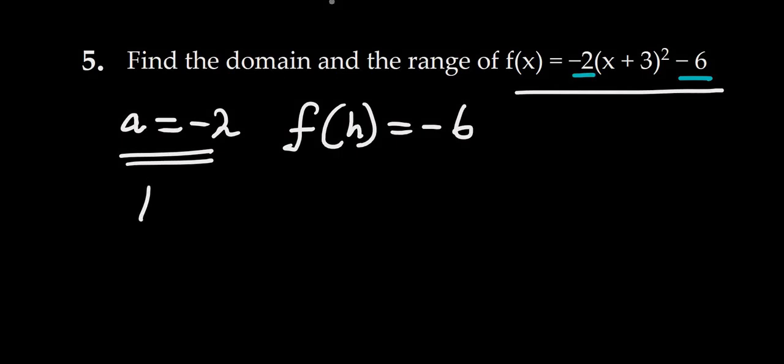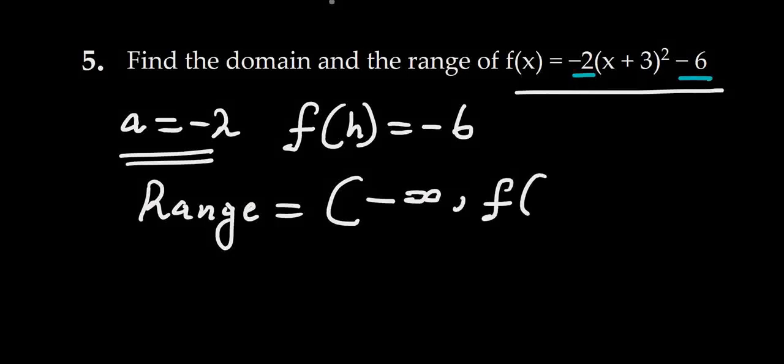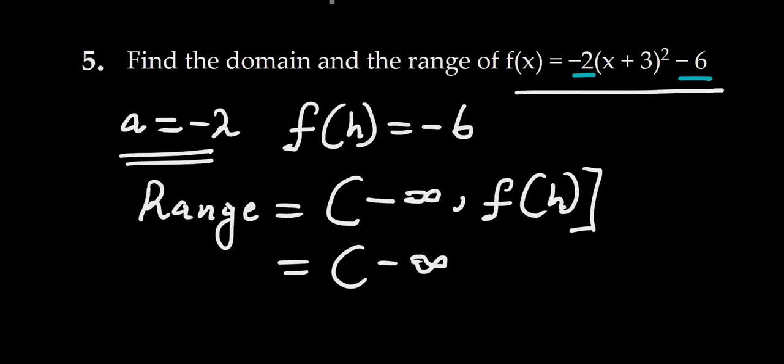Now, since the value of a is less than 0, then the range will automatically take this form: -infinity to f of h, and this will be equal to -infinity to -6. That is the range. Now, the domain.